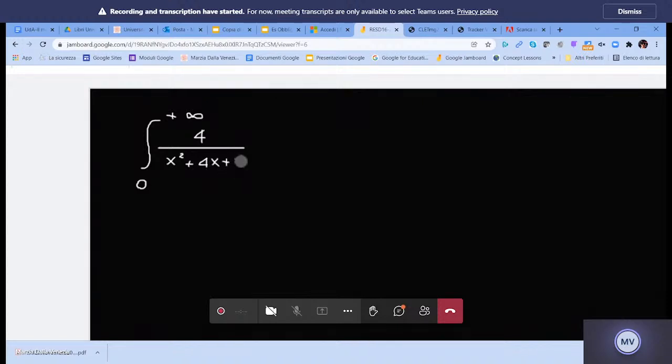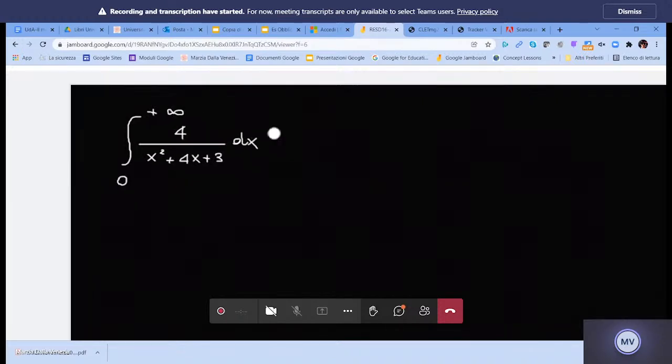same kind of exercise. So this is an integral where we should compute a limit, because we cannot explain plus infinity as a number.